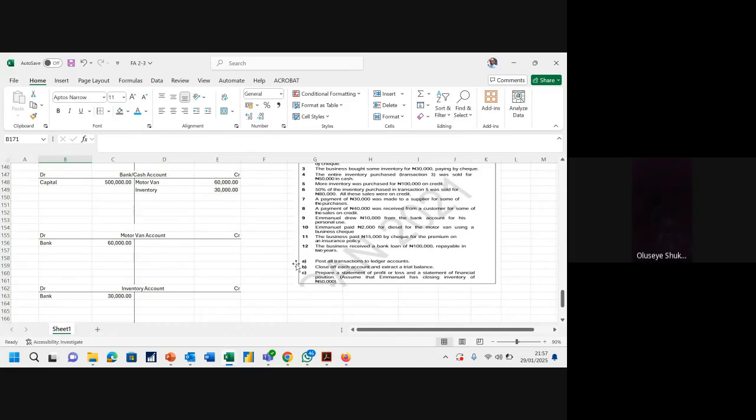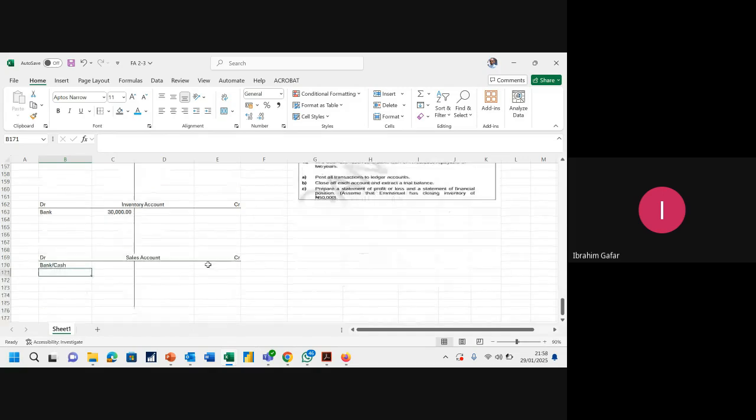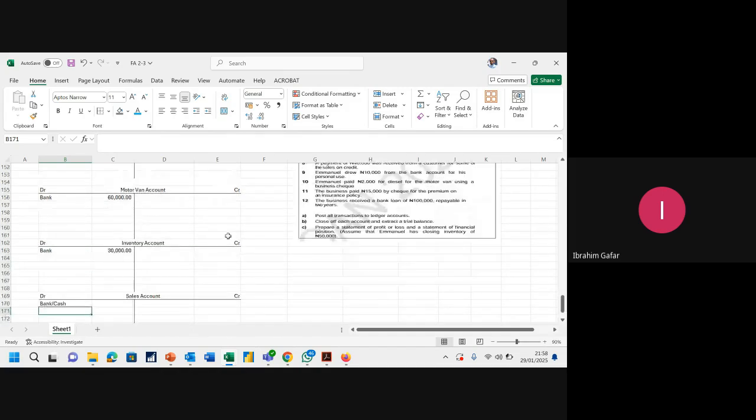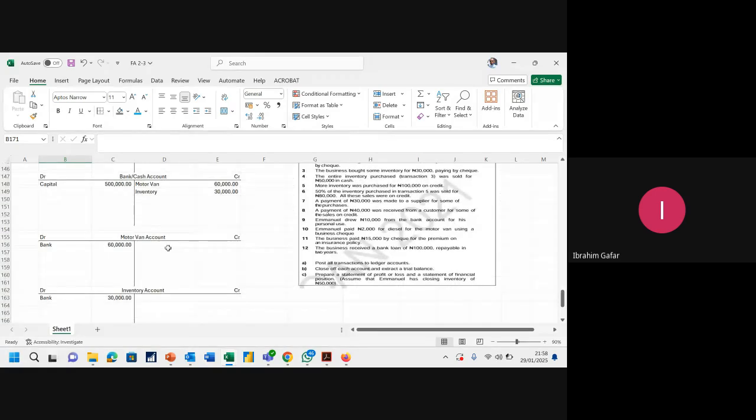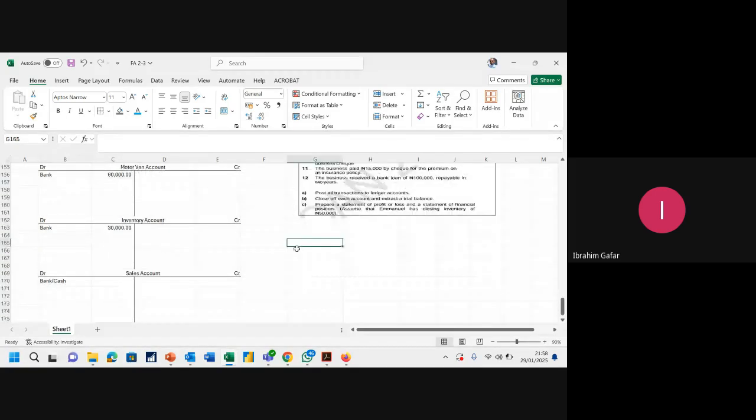Even in this kind of situation, if it is your accounting software, when you bought that thing, it will debit your inventory.